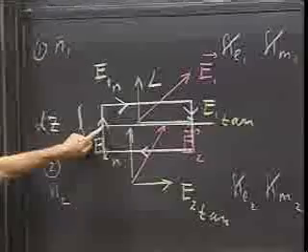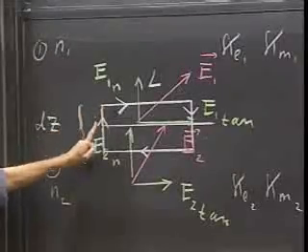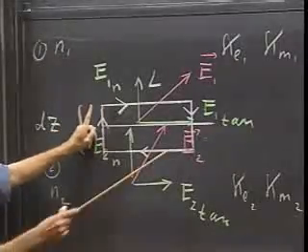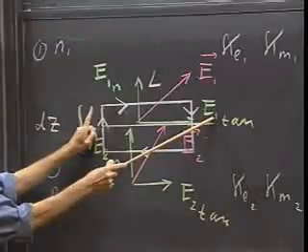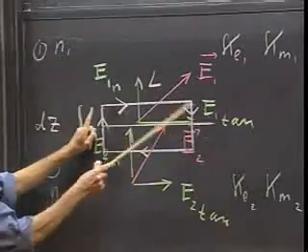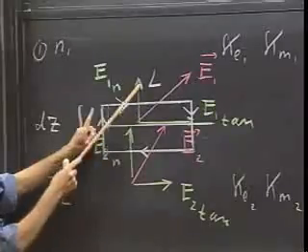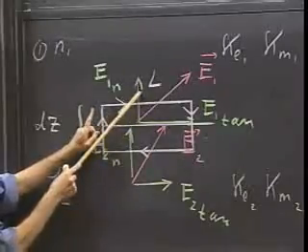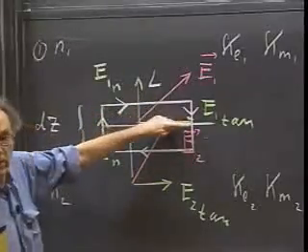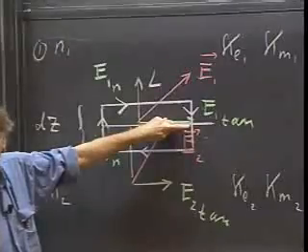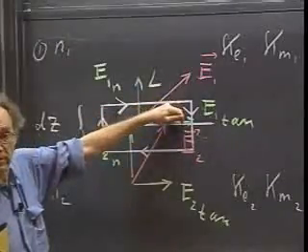I start here. And I go here. So little dl is in this direction. So this one here in medium 1 has no effect because it's a dot product. But this one has an effect. dl and this component are in the same direction. But when I go down here, it's exactly the same value with a minus sign because dl is in the down direction.